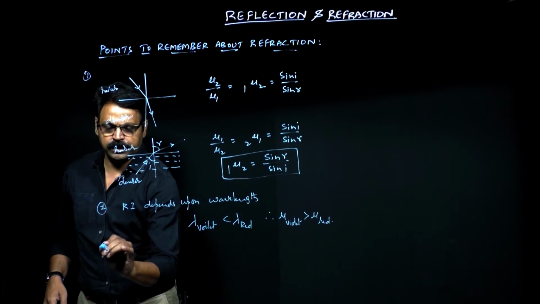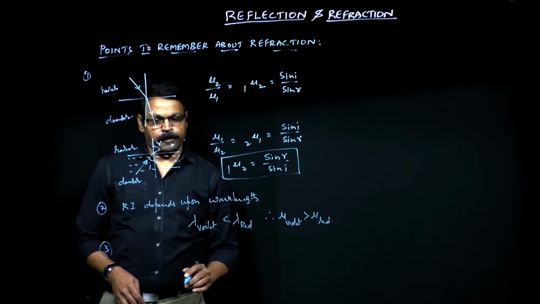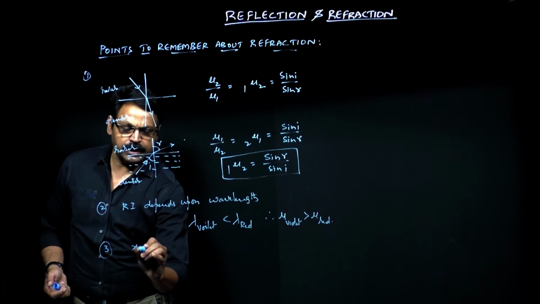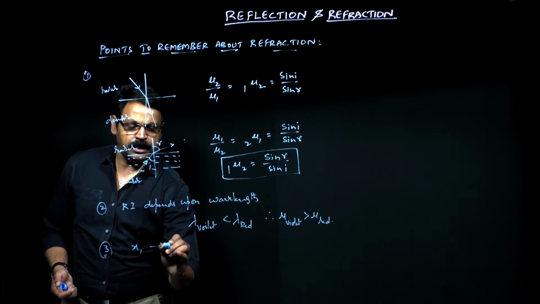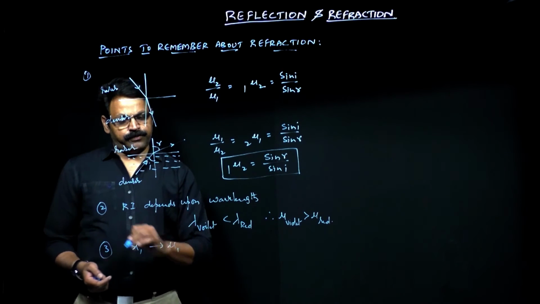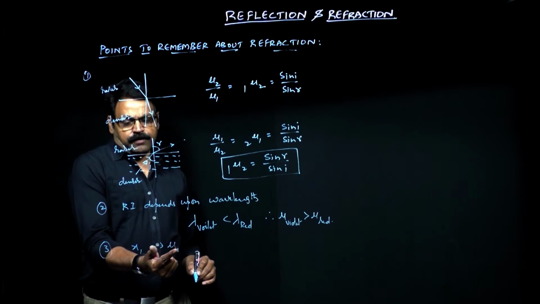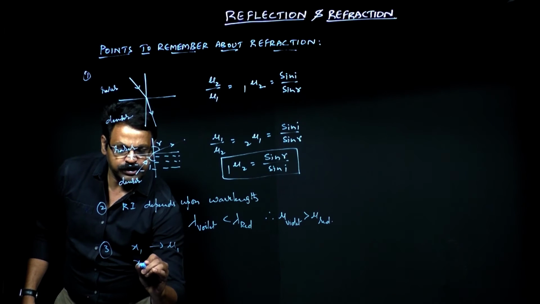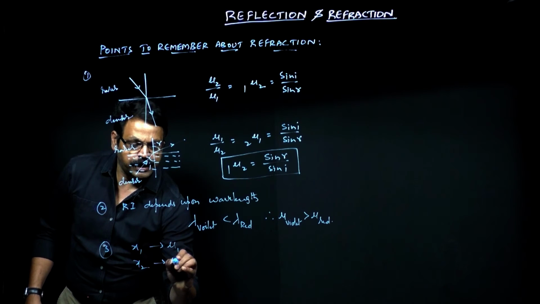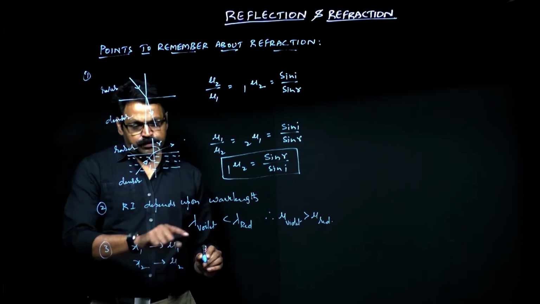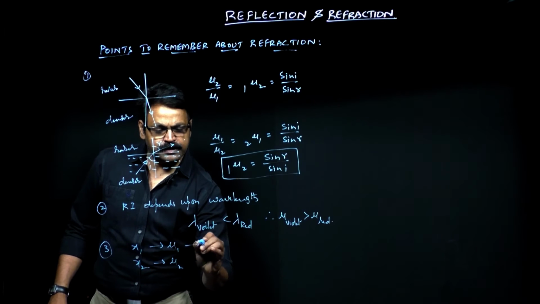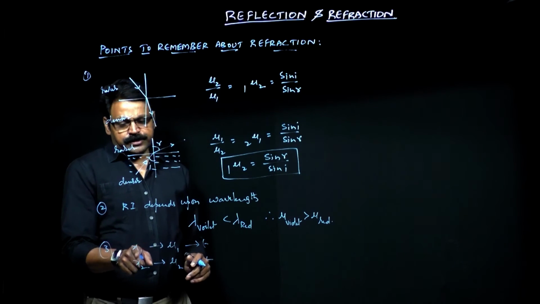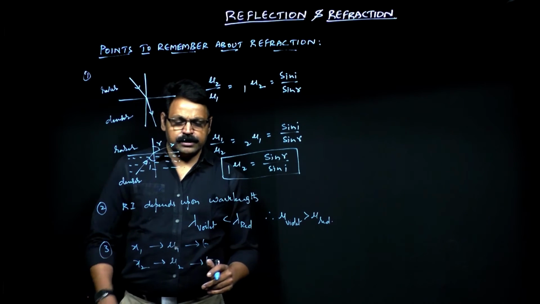The third point you are to look at is, if the light ray is traveling x1 distance in a medium having refractive index mu1, and x2 distance in a medium having refractive index mu2, both in the same time. Time is the same, but definitely the distances traveled will be different because the medium is different.